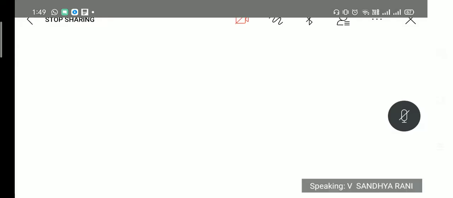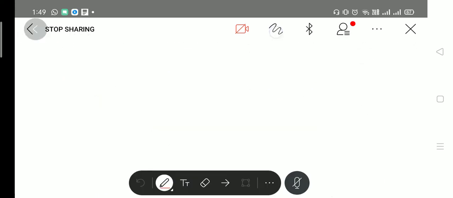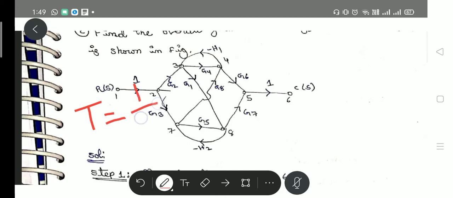We know Mason's gain formula. T is equal to 1 by delta, sigma k equal to Pk into delta k. Here the k value is 6.